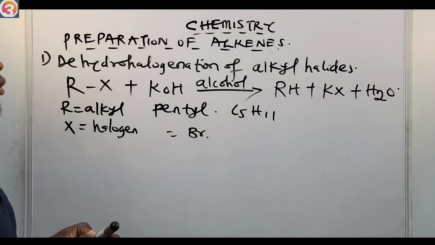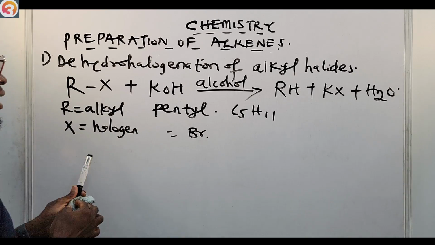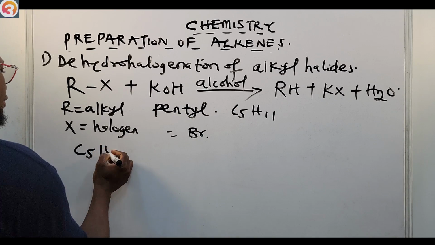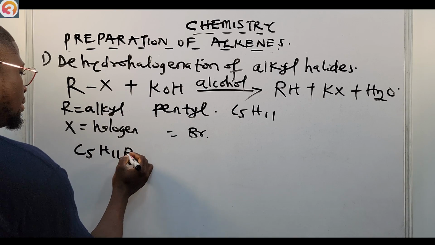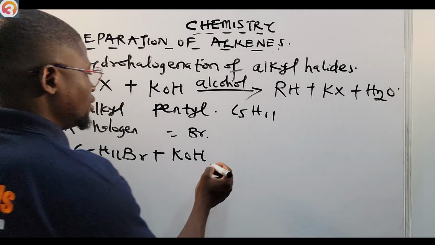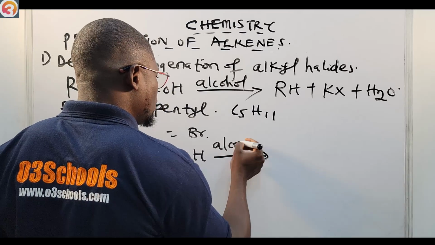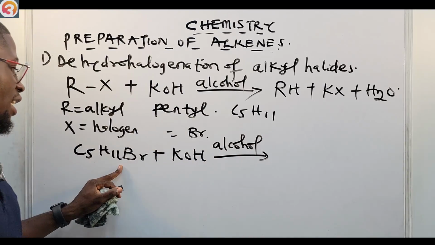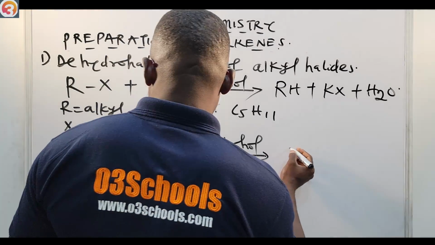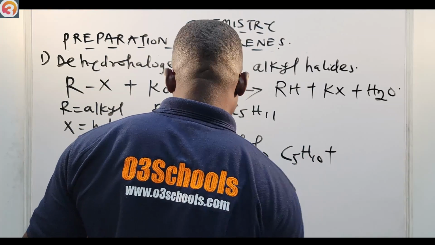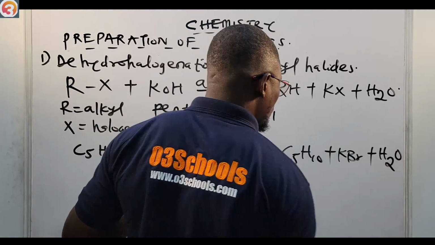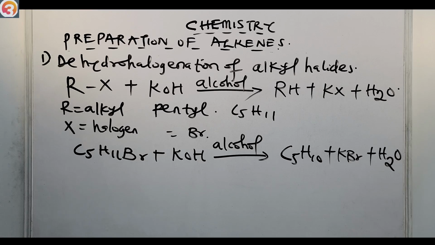So generally, I'm going to have RX, that's C5H11 Br, plus KOH in the presence of alcohol. I'm going to have an alkene, C5H10, plus KBr plus H2O. So this will be the equation of the reaction.